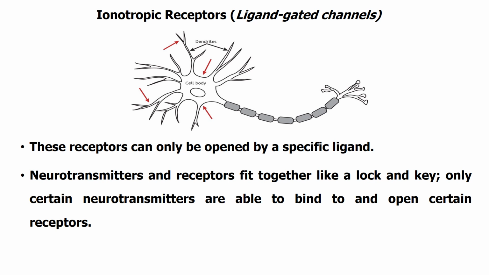Next is the ionotropic receptors. Another term for it is ligand-gated channels. These are the type of channels you find on the neurons. These receptors can only be opened by specific ligands.